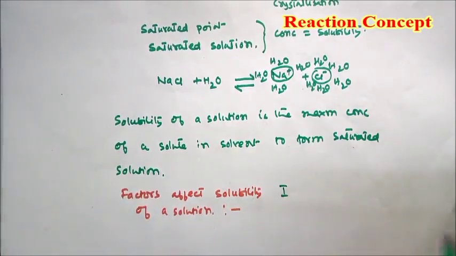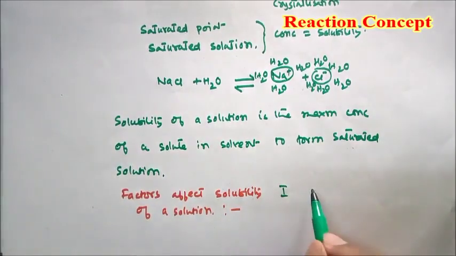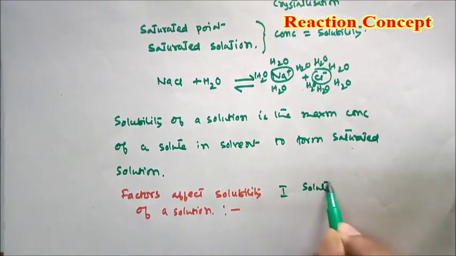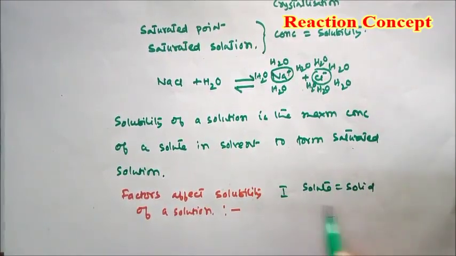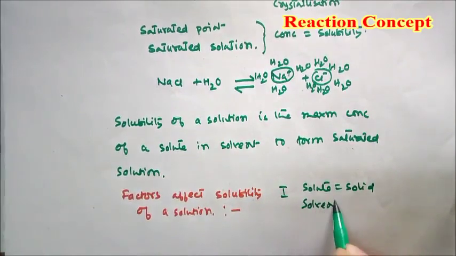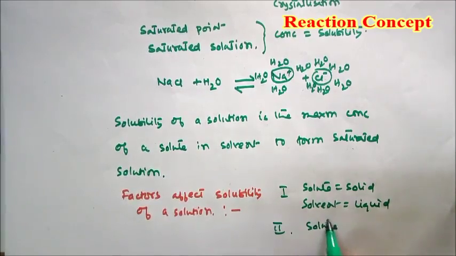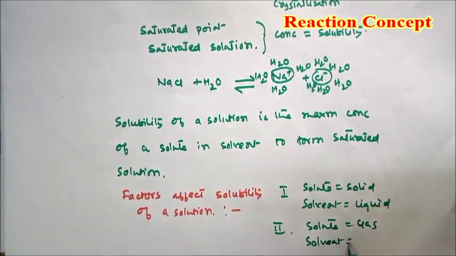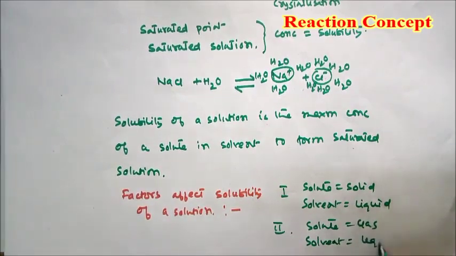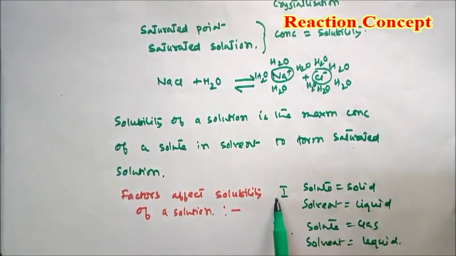In one type we'll consider the solute as a solid phase and the solvent in the liquid phase, whereas in the other type we'll take the solute as a gas and the solvent as a liquid. First, let us consider the first solution, where the solute is solid.